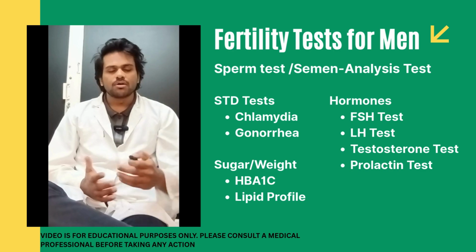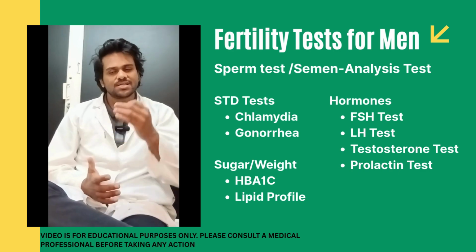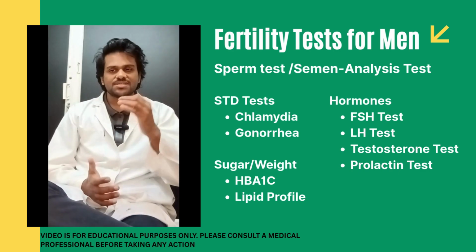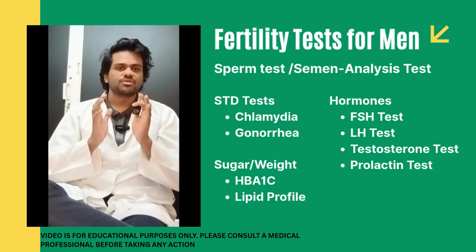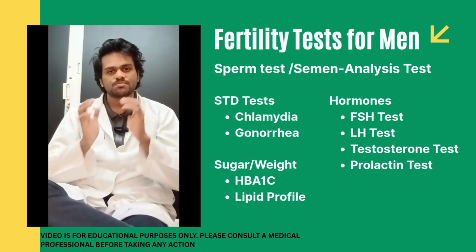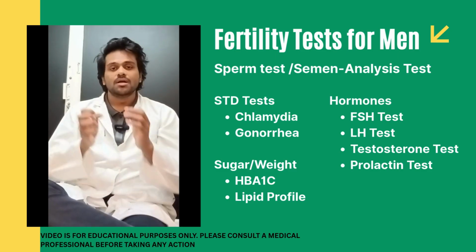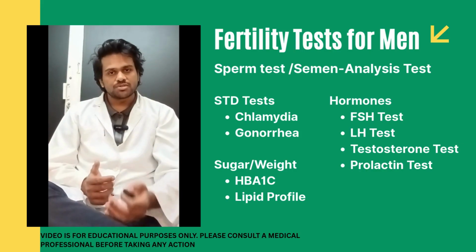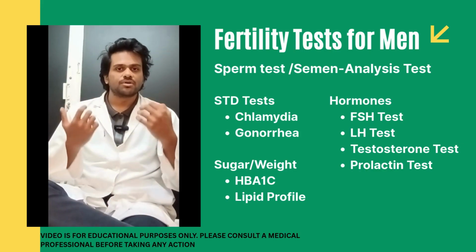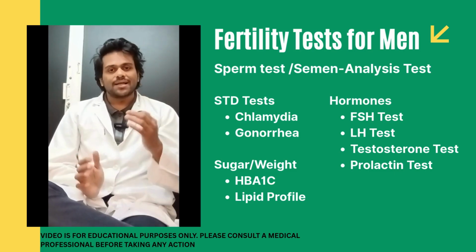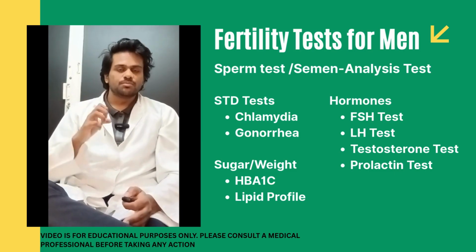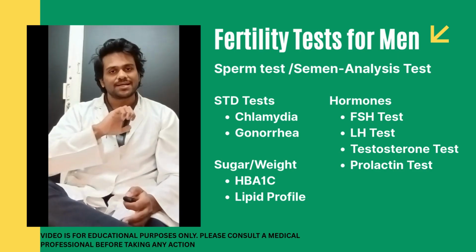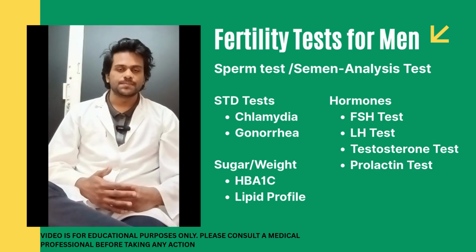And then we have the long list of hormones, which include the FSH, the LH, the testosterone and the prolactin test. The FSH and LH are important for your sperms to be produced and made, and they are also important for your testosterone to be produced. The testosterone test itself is necessary for your manly characteristics, and the prolactin test is done to make sure that your prolactin level is not too high, because that can negatively impact your fertility.